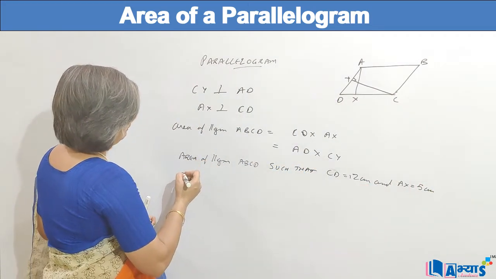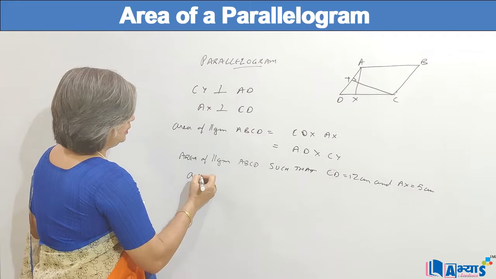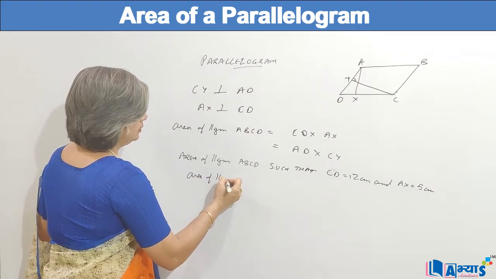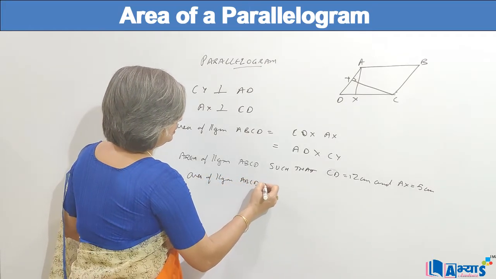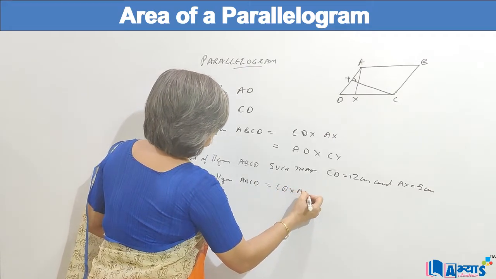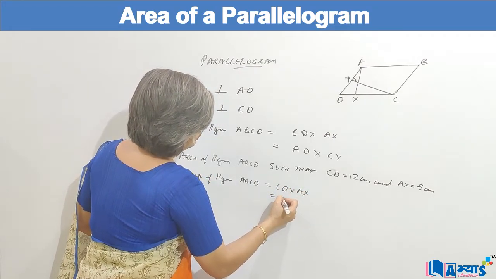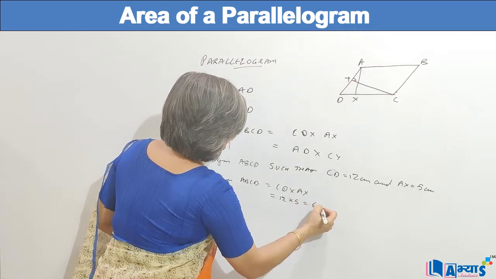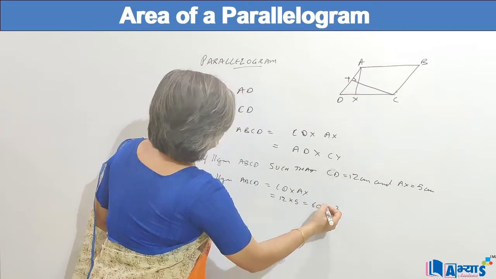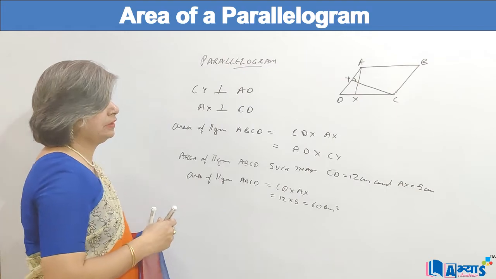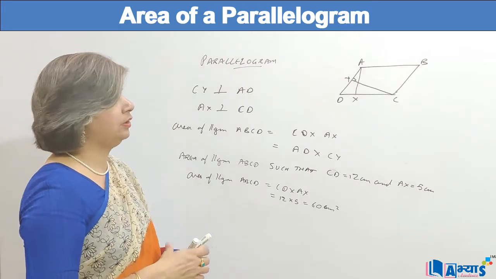So the area of the parallelogram will be CD into AX, that means 12 into 5, which is equal to 60 centimeters square. So we have to multiply the base with the height to find the area of a parallelogram.